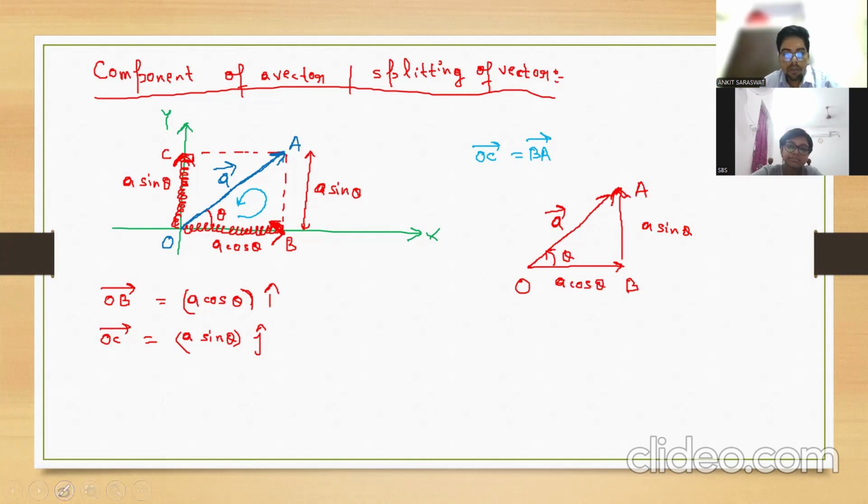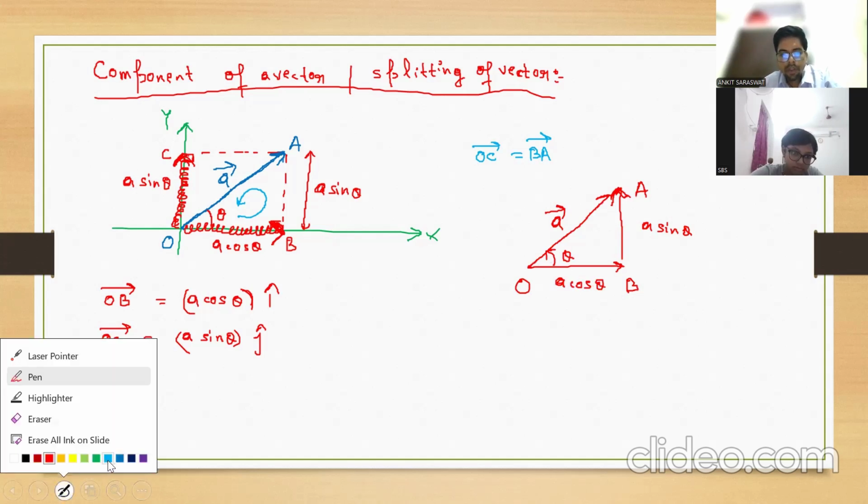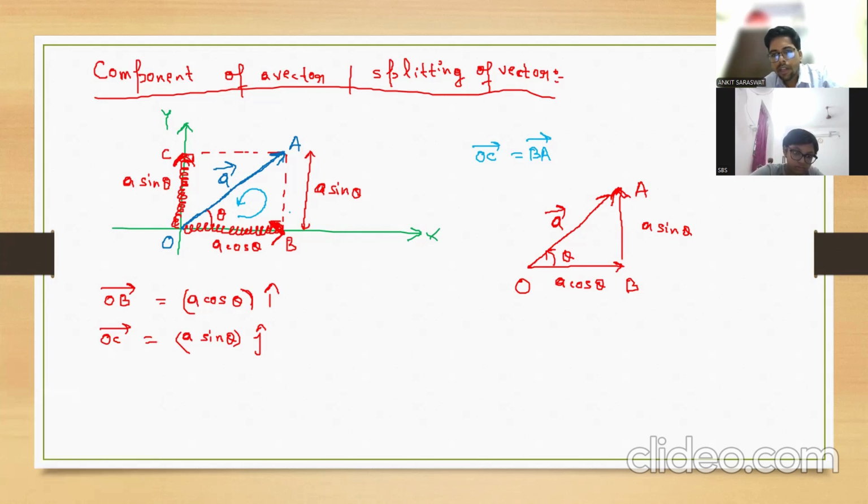Now, if you look carefully, if you apply the triangle law of vector addition, tail to head, then tail to head. Sense of rotation, you are moving in an anti-clockwise manner. O to B, then B to A, then again A to O. So we can write OB vector plus BA vector plus AO vector is equal to 0, because you are starting from O, then again coming back to O. Then the net displacement is 0.